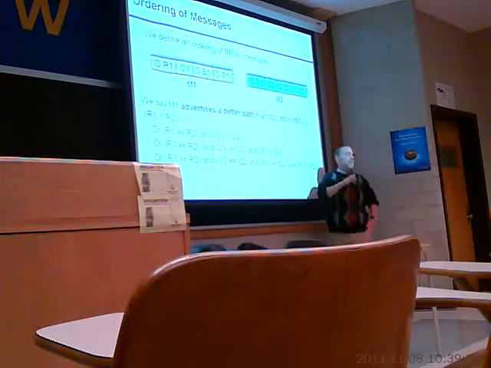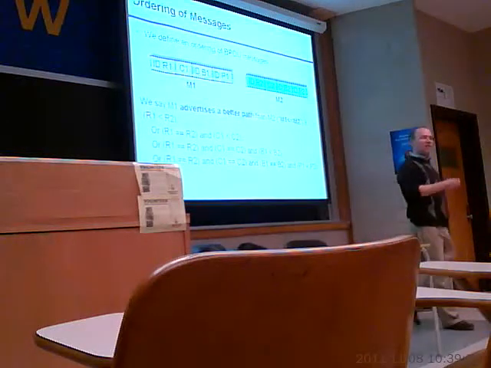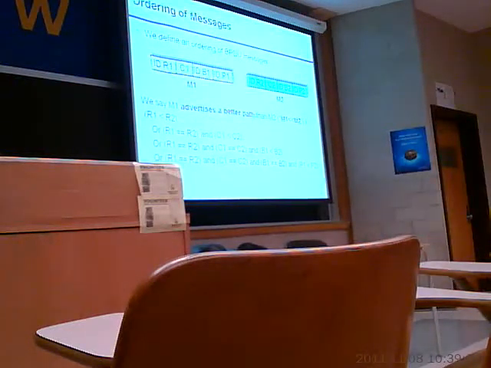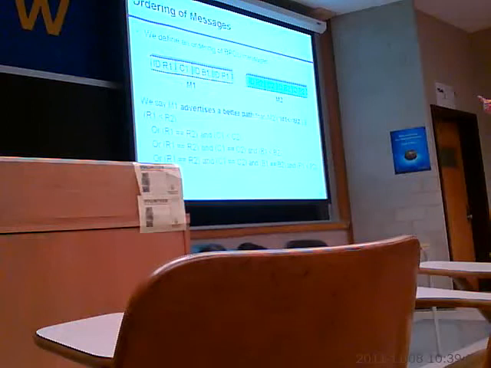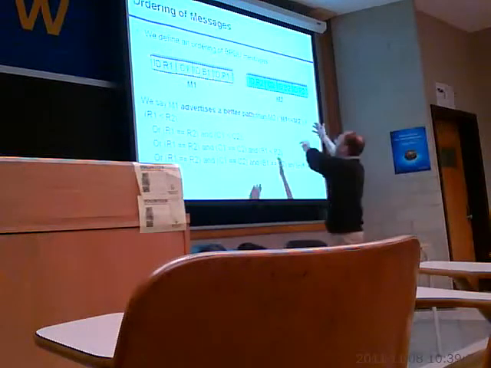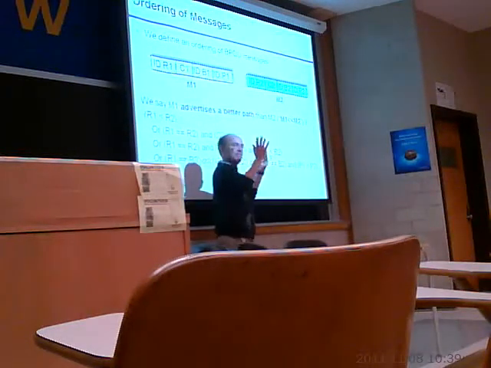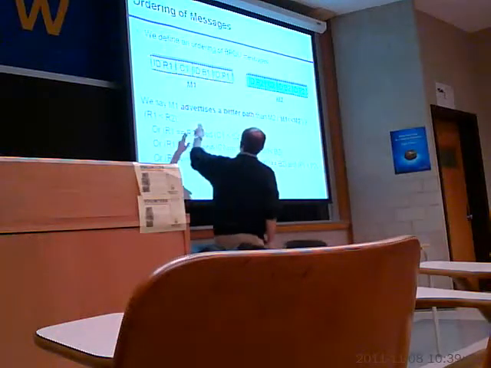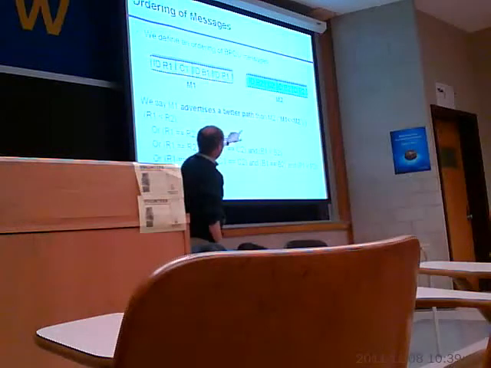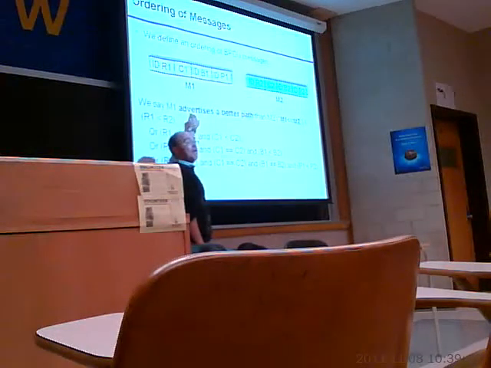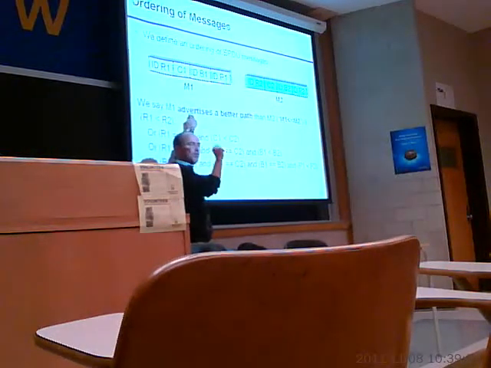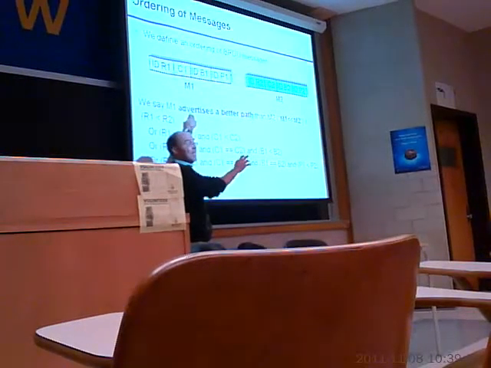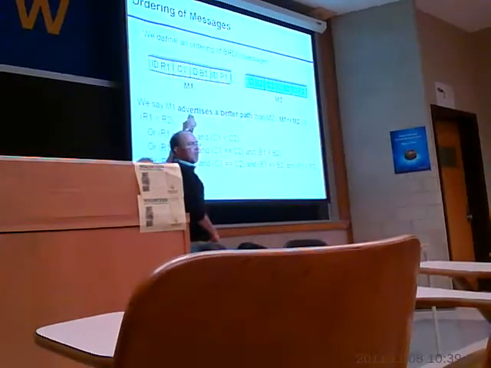Smaller is better. Bridges will always prefer a smaller number. Smaller means it advertises a better path.